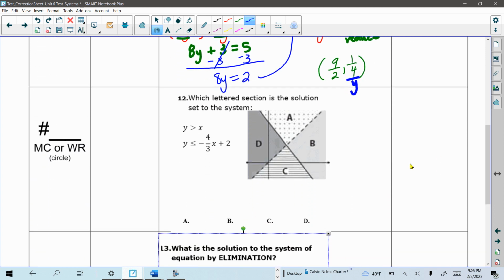The misses on this problem, I think, all stem from not understanding the symbol and how it's graphed. If I have this symbol here, that symbol means greater than. Okay. That symbol means you're going to have a dash line.